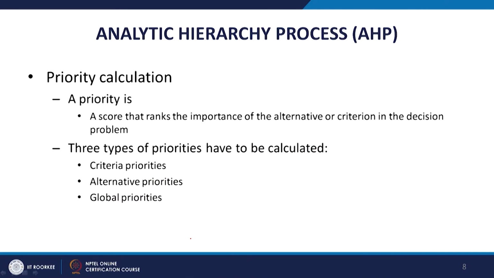With respect to each criterion we are going to have pairwise comparisons, and that information is to be used while we are computing alternative priorities. And then global priorities, where we combine the criteria priorities and the alternative priorities that we have got in the previous steps, and then we compute the global priorities. So, these three types of priorities are there, and let us talk about each one of them.